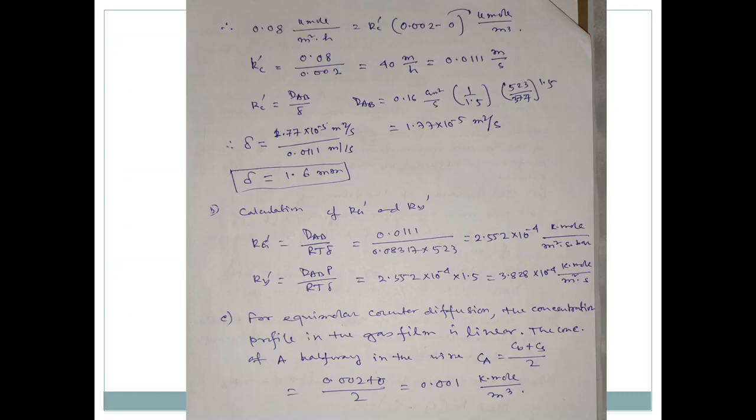But a practical problem will be like this: your film thickness will not be given, and flux also will not be given. These two you have to calculate. Here, between flux and thickness delta, one is given, the other you are calculating. It is very easy based on what we have studied. But in a practical problem, you have to calculate the flux, that is your motto, because you want the higher flux.